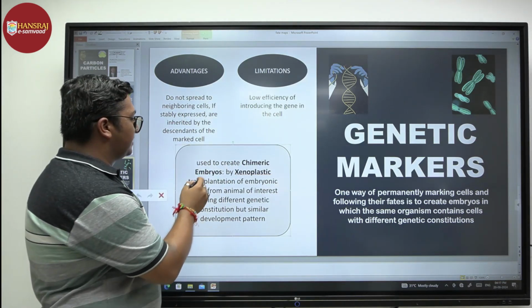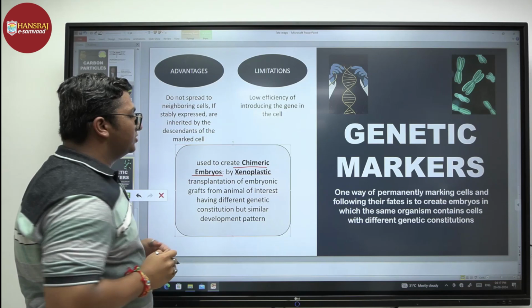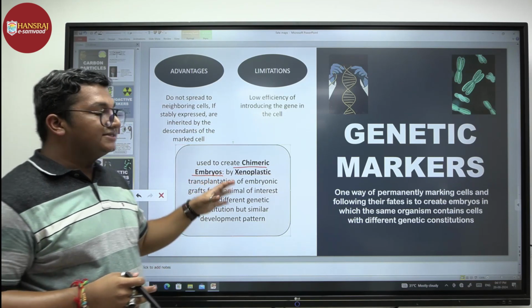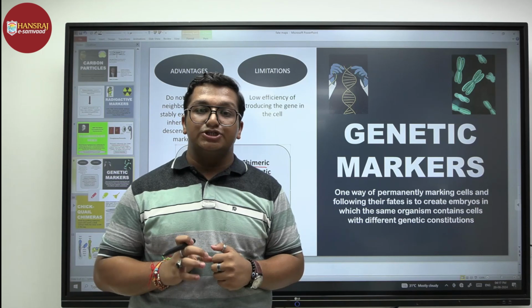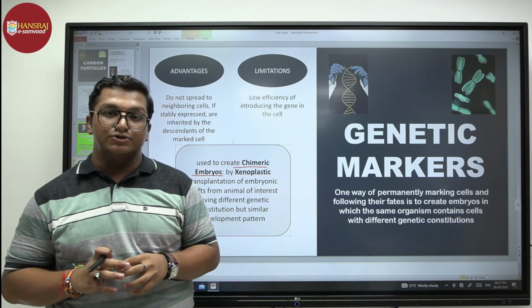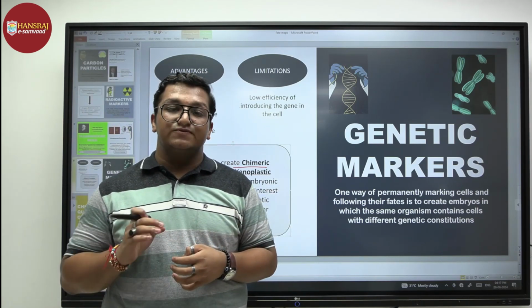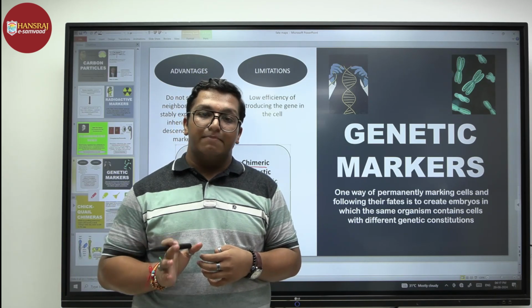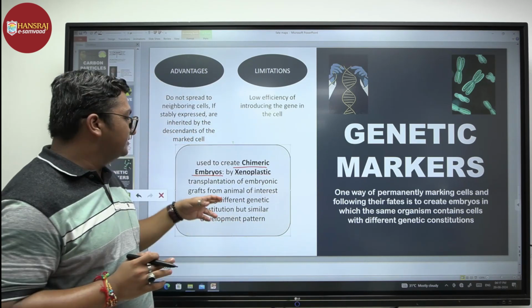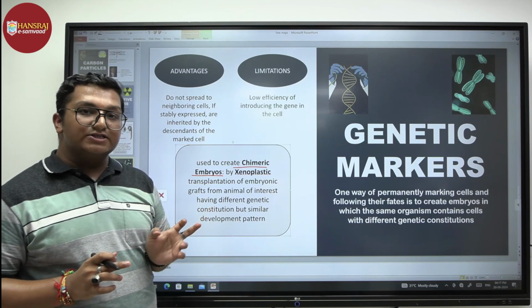One of the famous examples of this is they used to create chimeric embryos. What basically are chimeric embryos? Chimeric embryos are the combination of two embryos from two different organisms which are almost similar in their developmental stages, but they are totally different species. They are done by xenoplastic transplant.